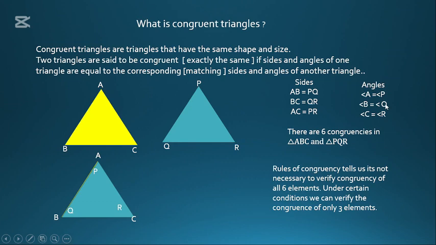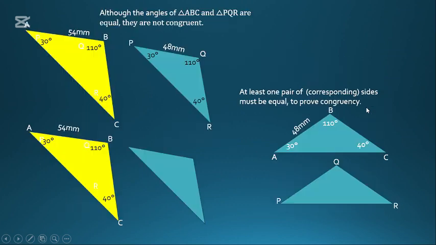But it doesn't work the same with 3 angles, and I will show you why. Although the angles of triangle ABC and triangle PQR are equal, they are not congruent. The reason is this side. That side is 54 millimeters, that side is 48 millimeters. Triangle PQR will never fit exactly onto ABC, and I'll show you.